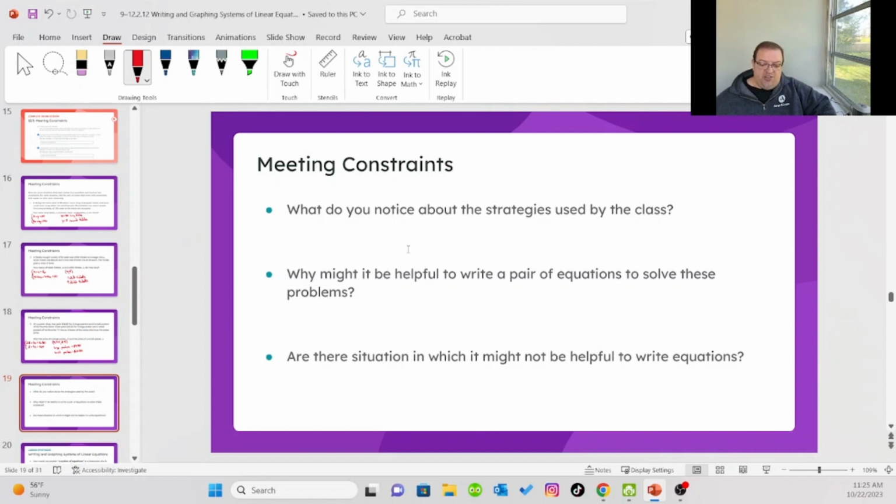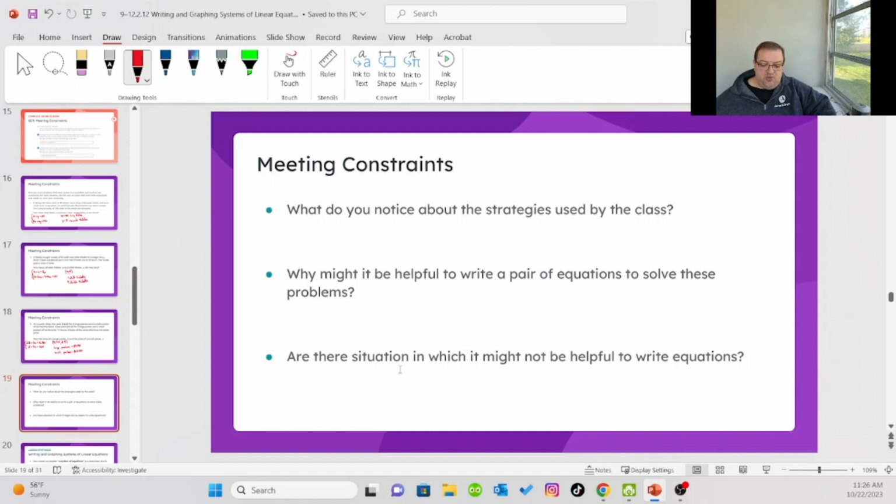What do you notice about the strategies used by your classmates? Why might it be helpful to write a pair of equations to solve these problems? And are there situations in which it might not be helpful to write equations? Well, it's helpful to write the equations because if we can put those into a graphing calculator, the solution that solves both of them is the point where they cross.